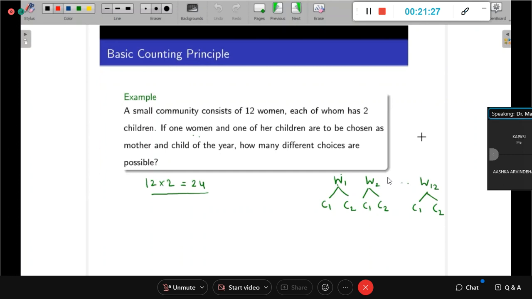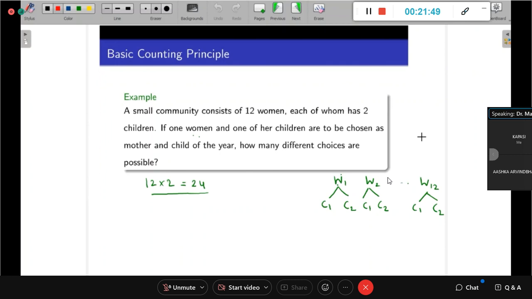Let's name those women W1, W2, up to W12, and the children C1 and C2. If one woman and one of her children are to be chosen as mother and child of the year, how many different choices are possible?